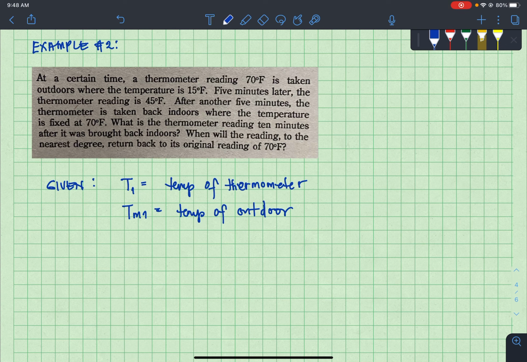At a certain time, the thermometer, T1 of 0, is 70 degrees Fahrenheit.